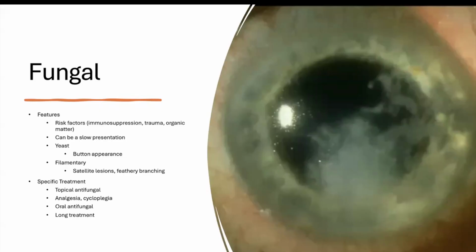And fungal keratitis is going to have its specific treatments. So while these patients will probably have been put on an empiric treatment with antibiotics, if you're thinking fungal, you're also going to give them some topical antifungals. And which topical antifungal you give will be really dependent on what you have and what your guidelines are.